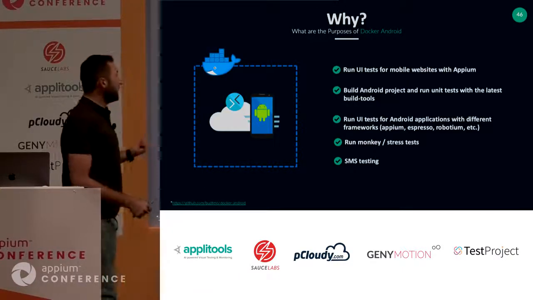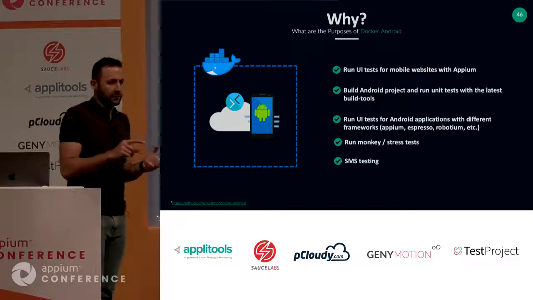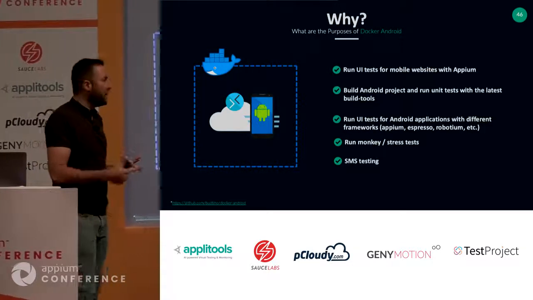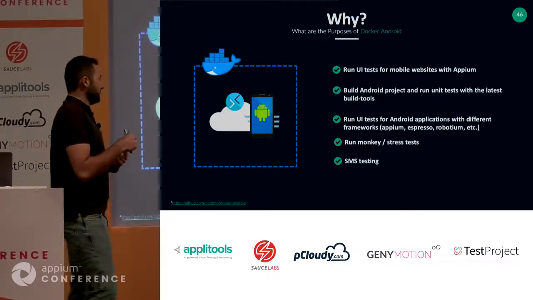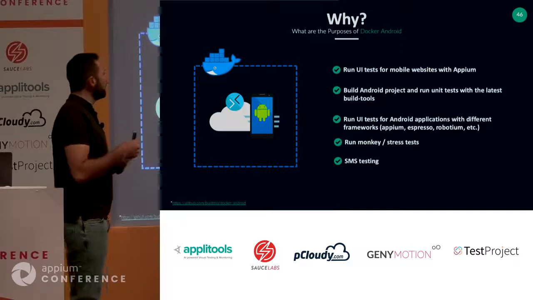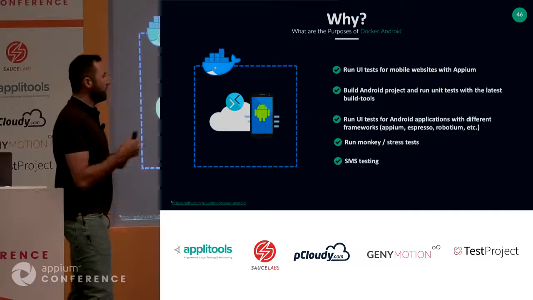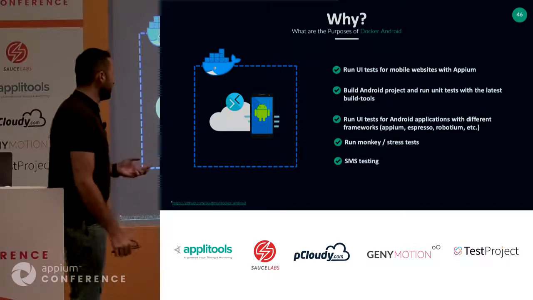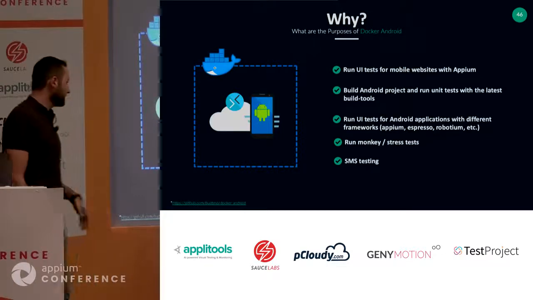This is to run our mobile tests on the website. It works for mobile apps on the website. It runs unit tests any time you want, and it can run Appium, Espresso, Robotium. It's not only Appium, and it also runs monkey tests, thread tests, and SMS testing.